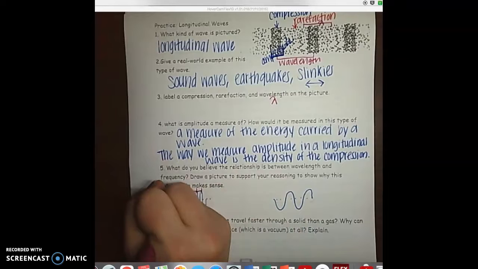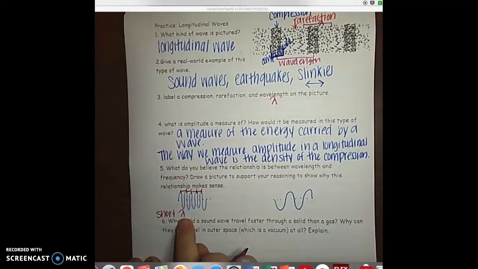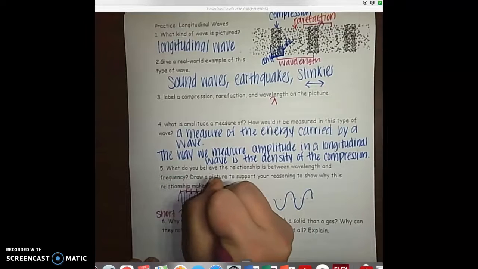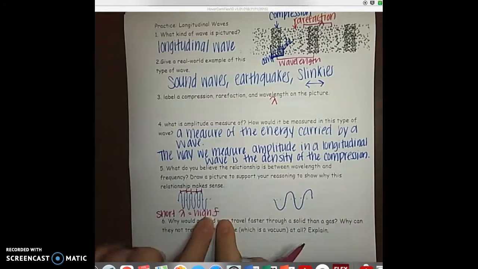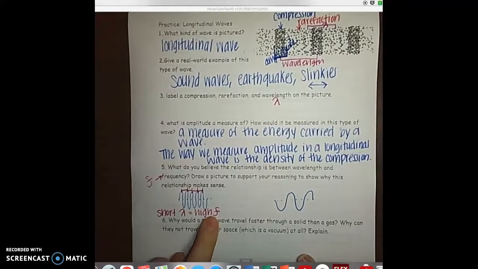So short wavelength, and remember I'm using the symbol for wavelength, which is called lambda, equals high frequency. And that's the symbol for frequency. So this little curly F is the symbol for frequency. So that's the relationship between a short wavelength equals a high frequency.